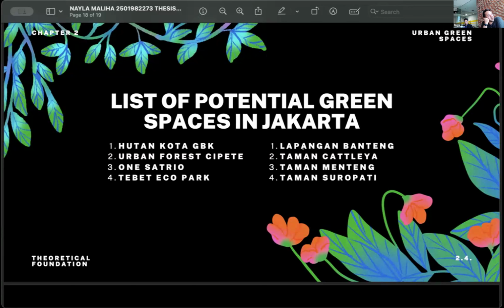So you need to go there, observe all of them, and then think of what you can do with that. How can your design complement the green spaces and the creativity of the people going there, for instance? Otherwise it's going to be just a list of green spaces.